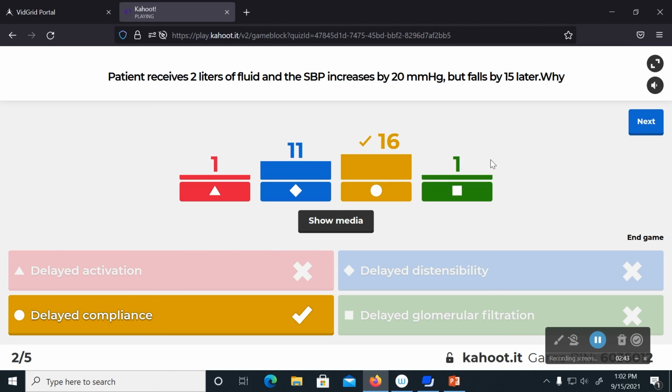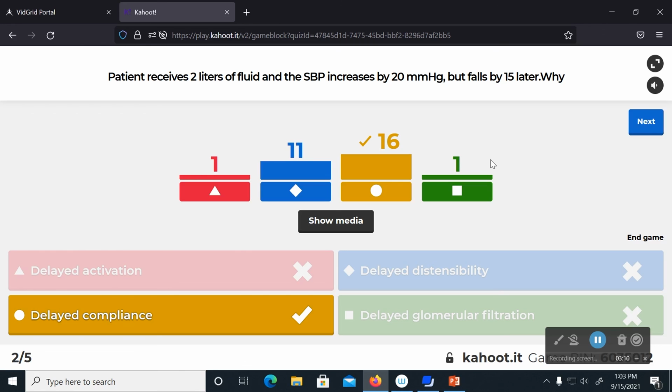All right, we got kind of a mixed delayed distensibility versus delayed compliance. We didn't really talk about delayed distensibility, okay? We talked about it as delayed compliance. And the way this works is because our cardiovascular system is all made of living cells that can respond, when we add fluid to the cardiovascular system, the initial response is a big increase in pressure.